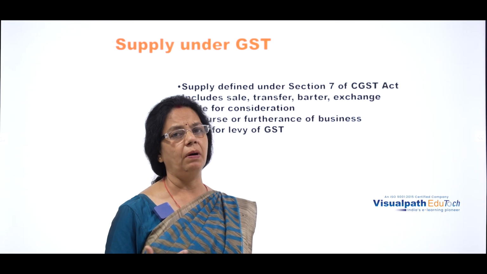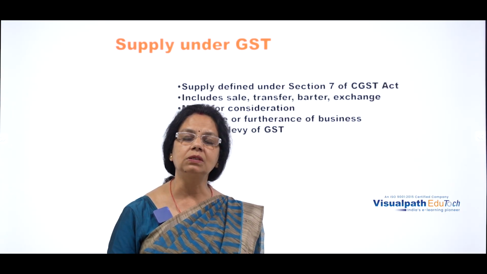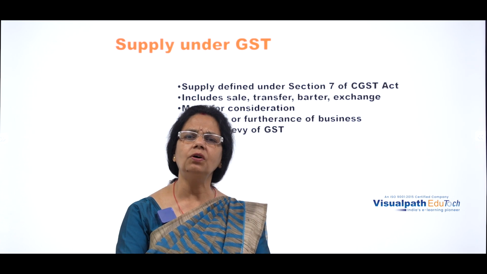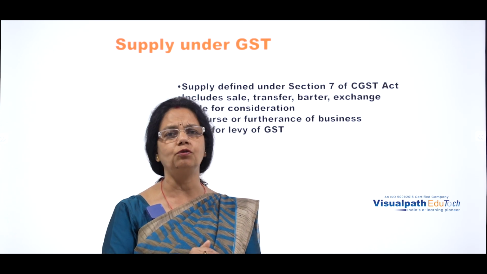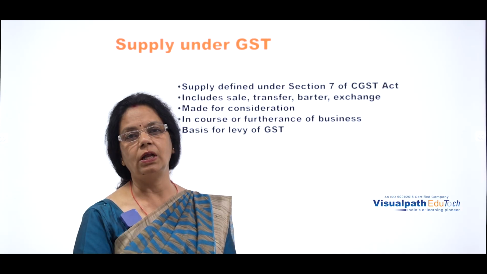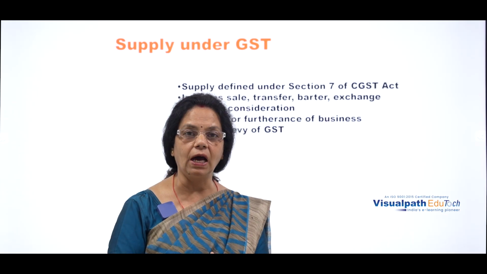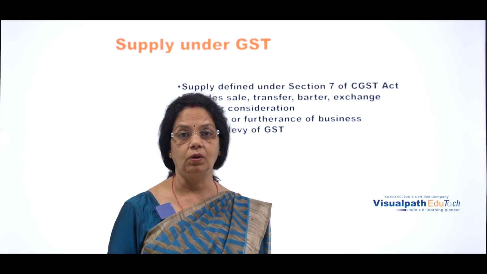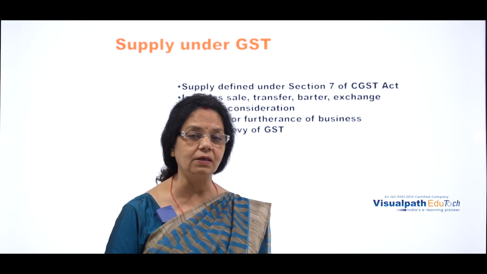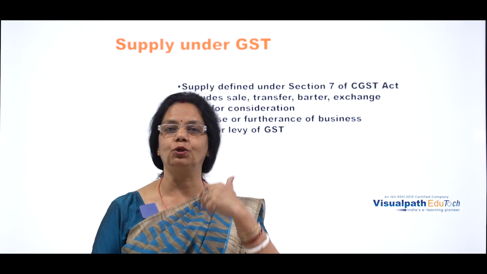Nowadays, of course, the barter system has almost vanished. It is almost not there in any country, or it is not considered, because in the barter system it is very difficult to find out the value of a product in an exchange, since the value of the product may not be the same at the time of exchanging. As you probably know, the barter system is nothing but the exchange of goods against goods.